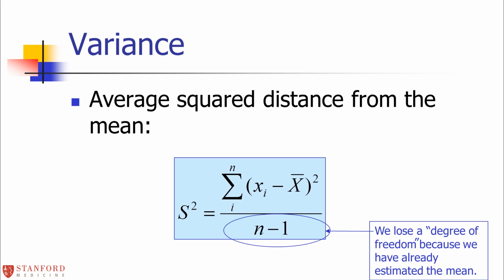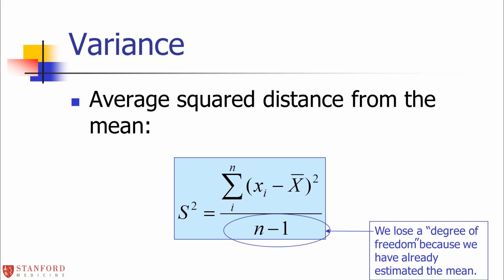So what's a degree of freedom? Let's say I've got a data set of 100 people, and I calculate the mean age for those 100 people. If I were to give you the mean and the ages for 99 of the other people in the data set, you would be able to calculate back exactly the 100th person's age.